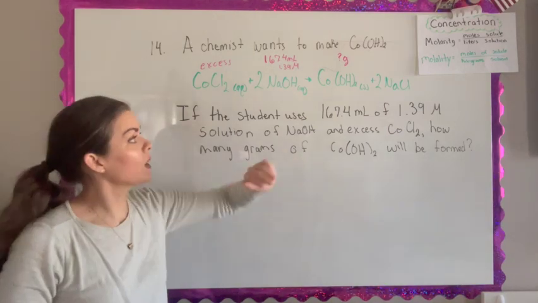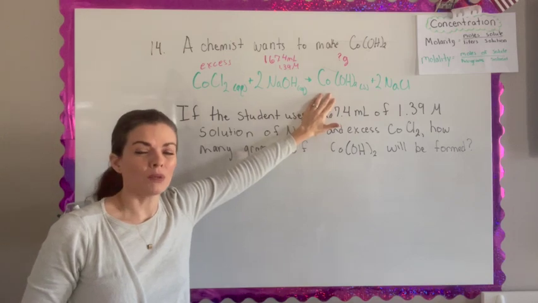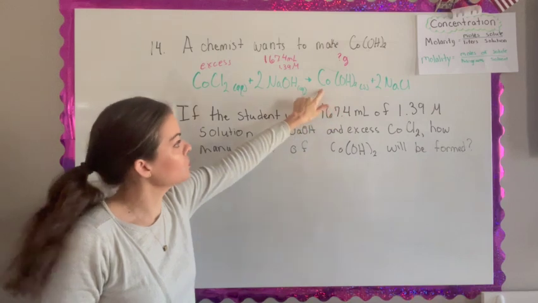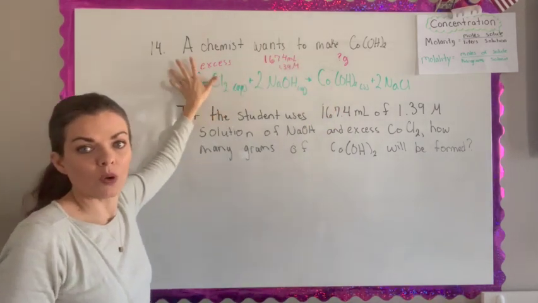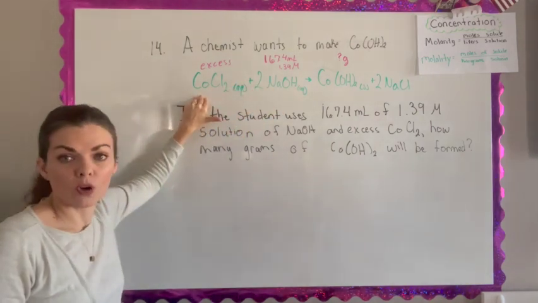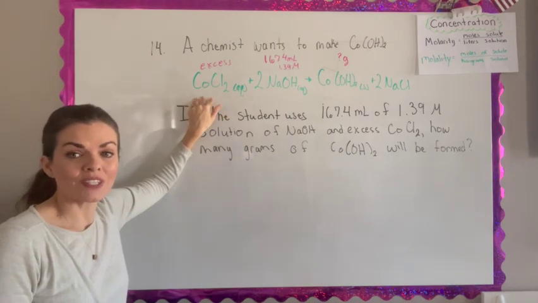Let's look backwards. If I'm trying to figure out how many grams are formed, the first thing I'm probably going to calculate is how many moles are formed. Well, in order to know how many moles of this are formed, I need to know how many moles I start with. Well, I'm not going to know how many moles I start with of cobalt chloride because it's in excess. I have lots of it, and it's not a precise number.